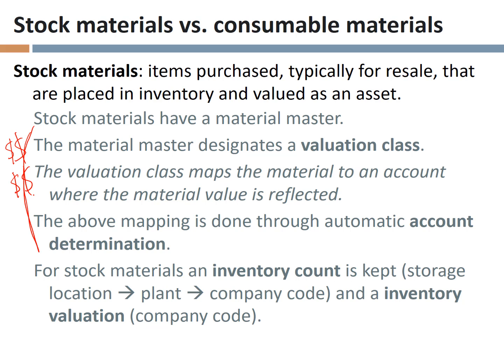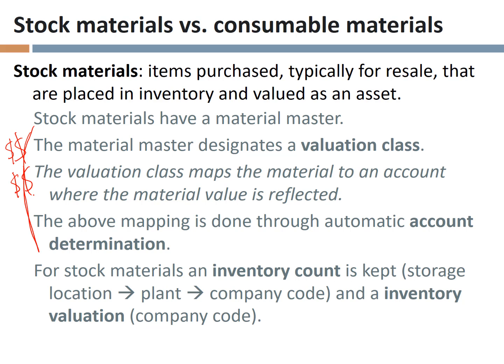So for stock material, the system is actually keeping track of 2 different things. It's going to keep track of an inventory count, and by the way, we can get at that number on the material master, as well as other specialized transactions. Once again, you're going to see that, if you have not already, when you complete phase 6.